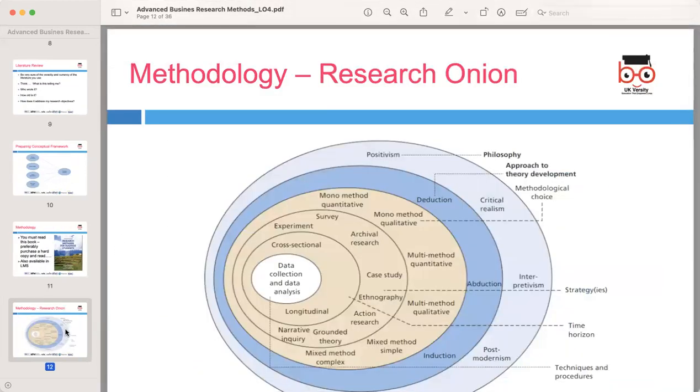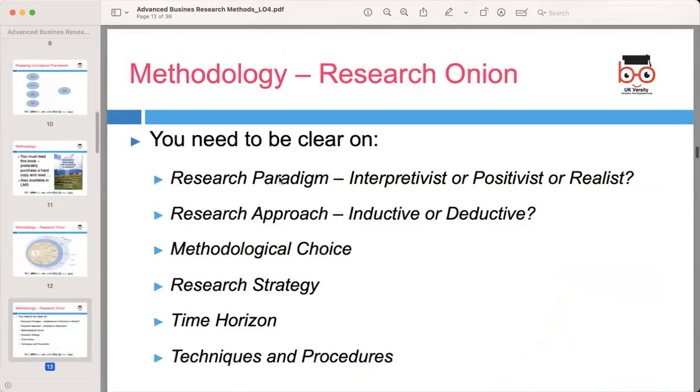Then research onion, as we discussed yesterday. Research onion layers, methodology. So we will discuss the research onion layers. What is it and what is the meaning of the layers?